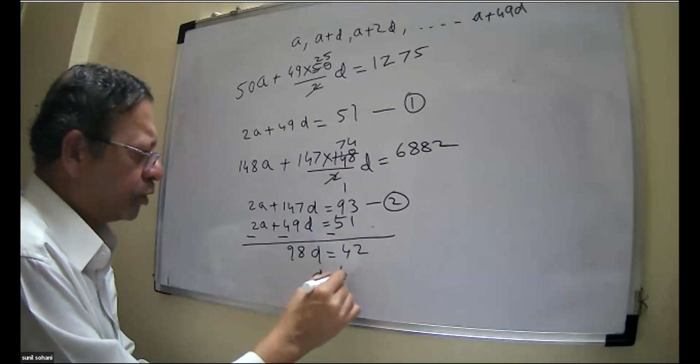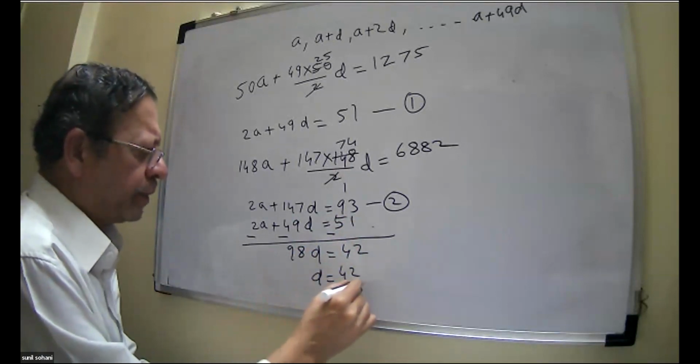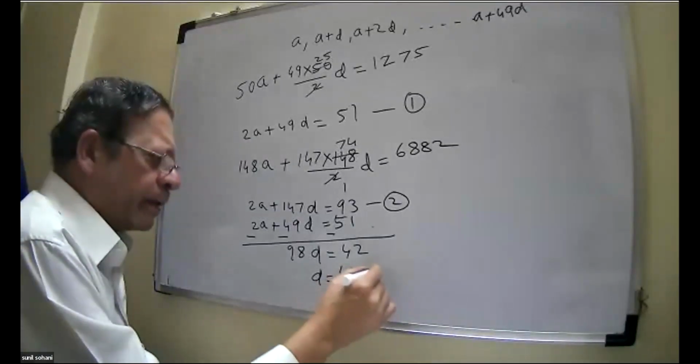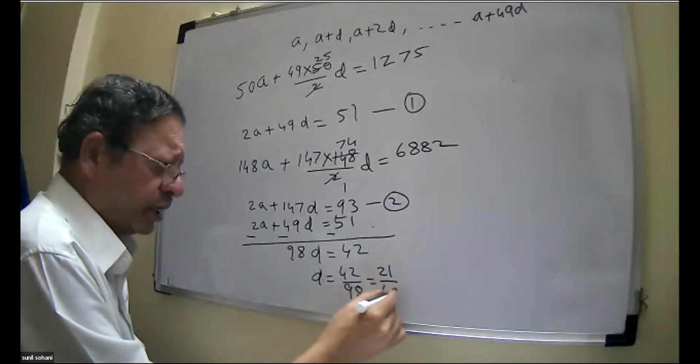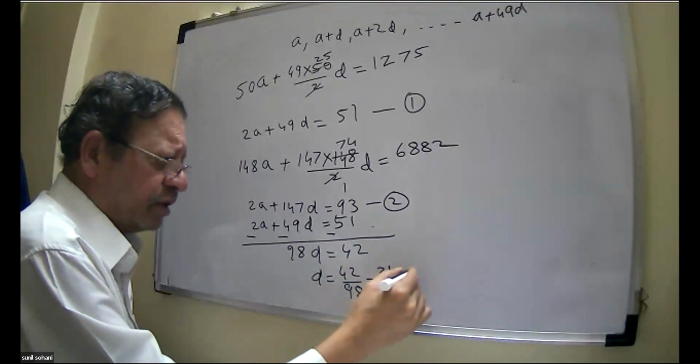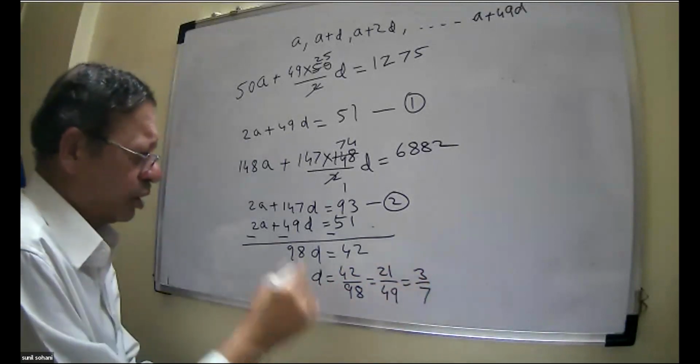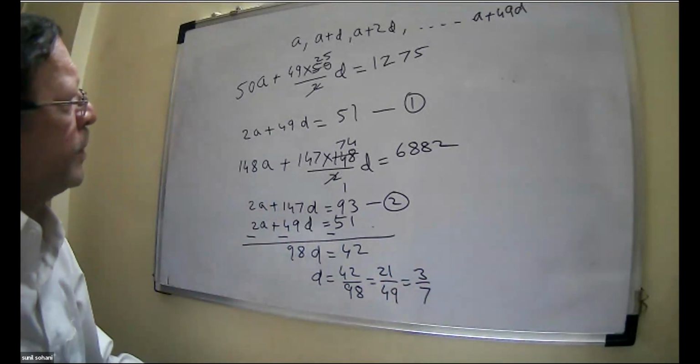So D is 42 upon 98. We can also substitute equation 1 in equation 2, that is also true. So the choice is ours. Both divided by 2 gives 49, divided by 7 gives 3 upon 7. So the common difference is 3 upon 7.